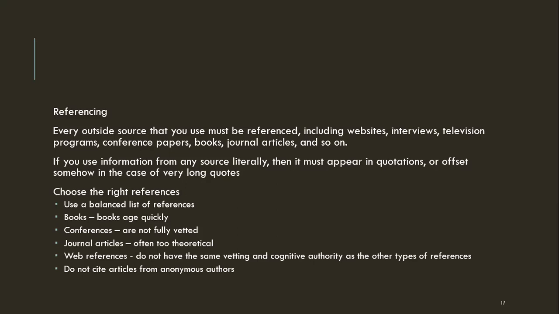Then there are journal articles, but journal articles are often too theoretical. Then we have web references. These web references sometimes might not have the same vetting and cognitive authority as the other types of references.